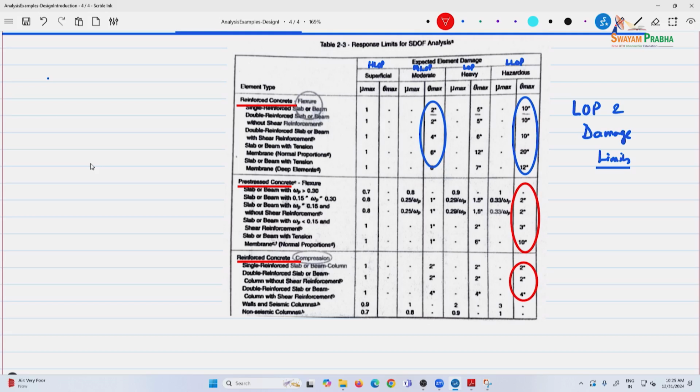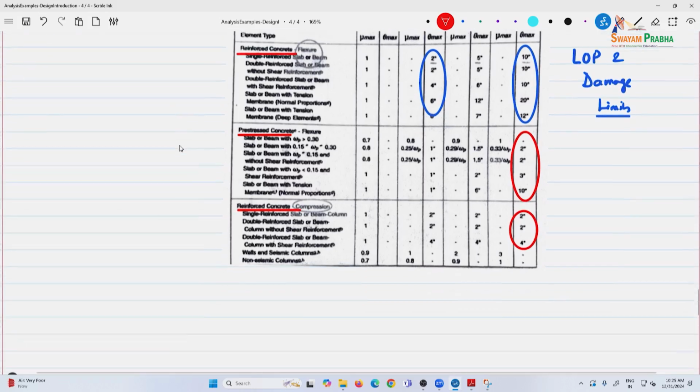So the effect of spalling and breaching is much lesser. Elements are likely to be deeper, so those effects are minimized a lot more in pre-stressed concrete compared to reinforced concrete. So that's another reason to also consider pre-stressed concrete in these applications, but unless it is really required.